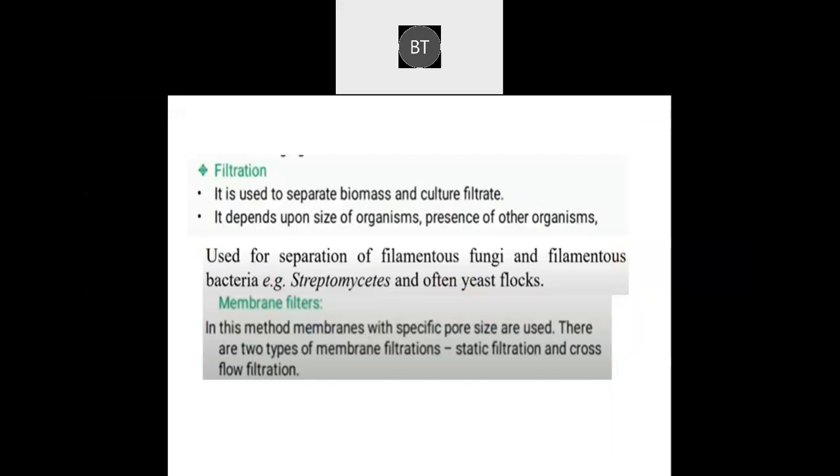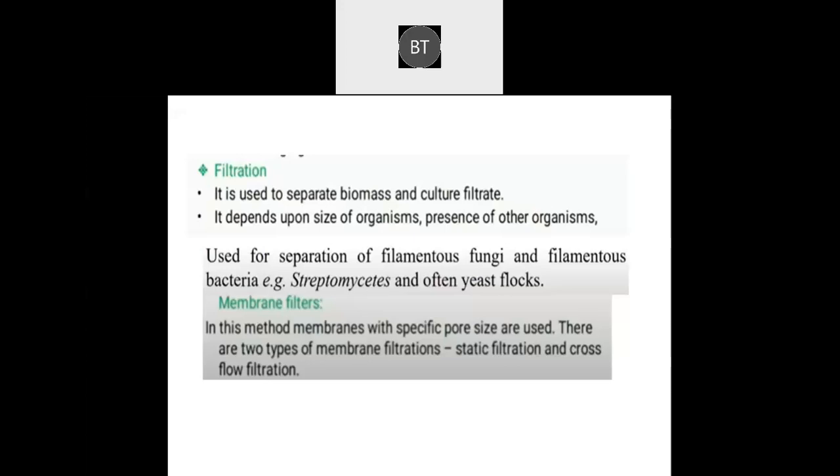Next, coming to filtration. As you all know, filtration is the most commonly used technique for separating the biomass and culture filtrate. The efficiency of filtration depends on many factors: the size of the organism, the presence of other organisms, the viscosity of the media, and what temperature you have dealt with your fermentation.